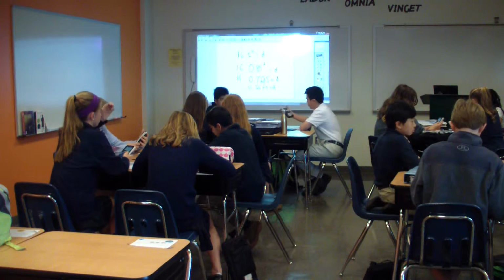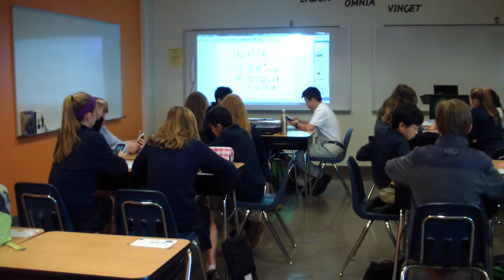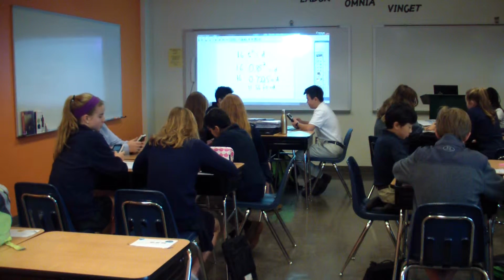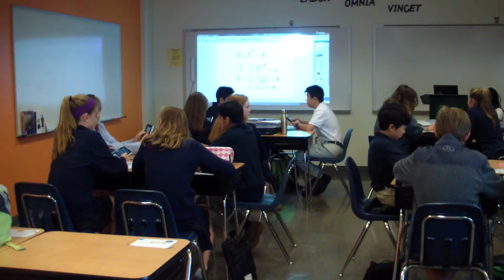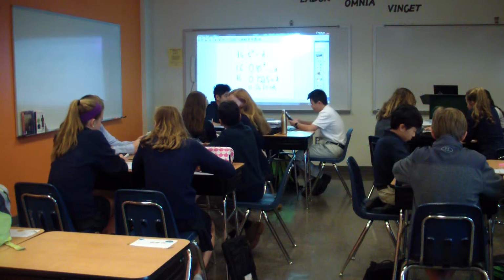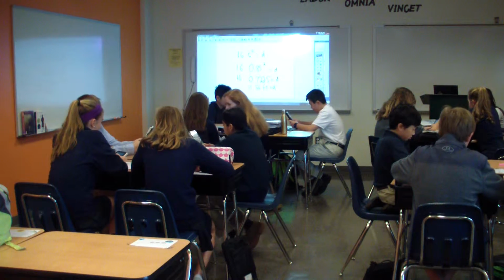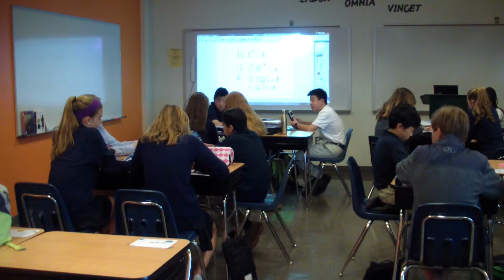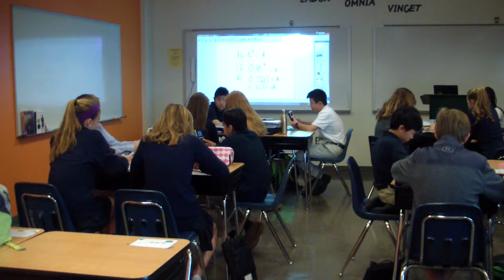What do we type in? 16x squared. What do you think a reasonable window is going to be on this? Nicholas, give me a reasonable window for everybody to look at. I guess x max 500.